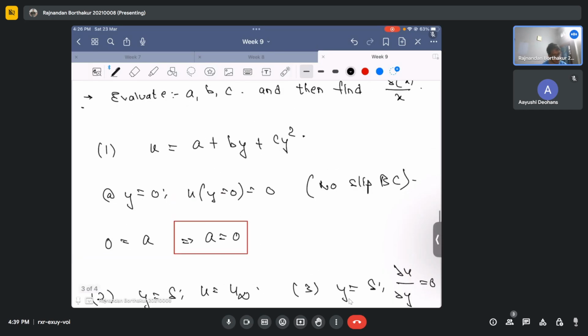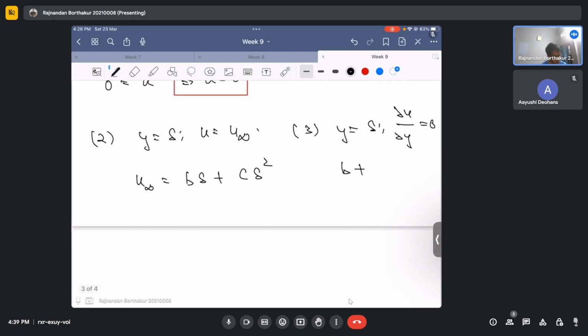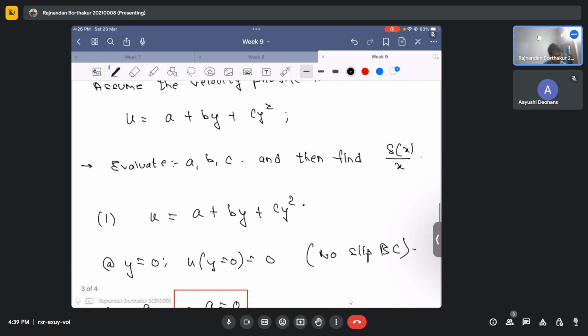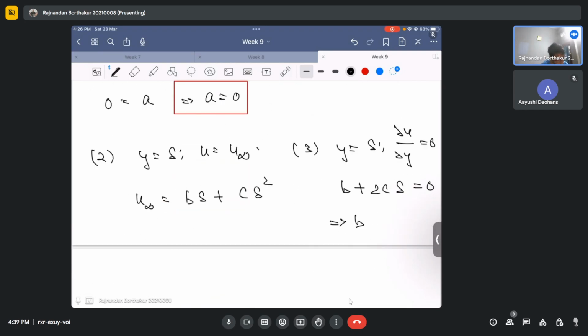If you evaluate del u by del y, you will get b plus 2c delta, which is equal to 0, which means b is equal to minus 2c delta.